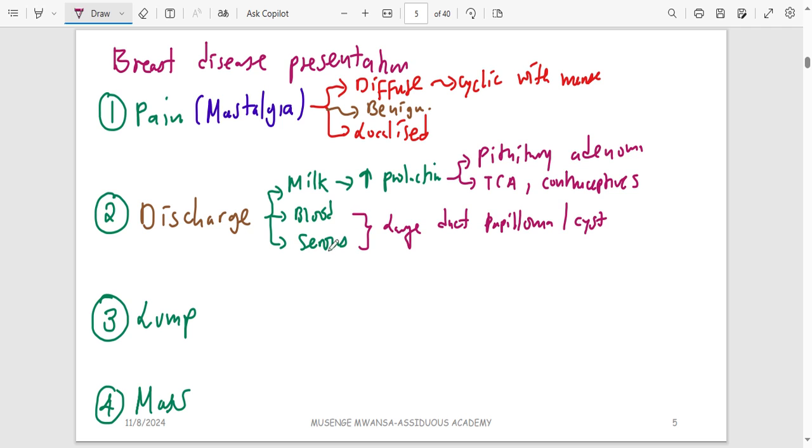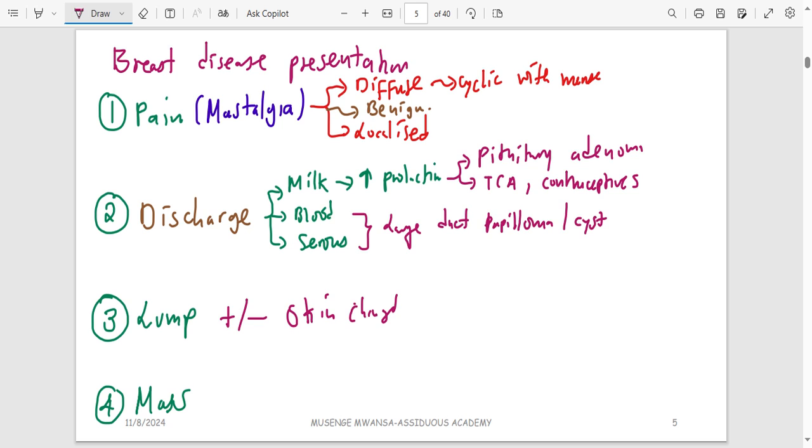Then we can also have a lump. This lump can have a skin change, like skin pigmentation, or not, plus or minus skin change. You can also have masses. So these are some things that someone with breast disease will present with.